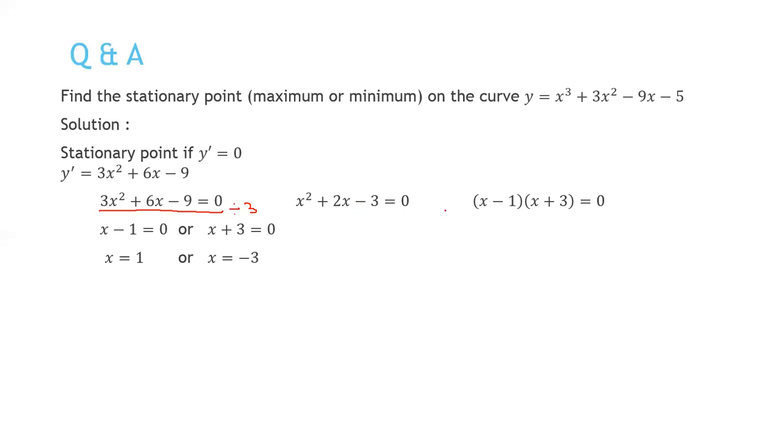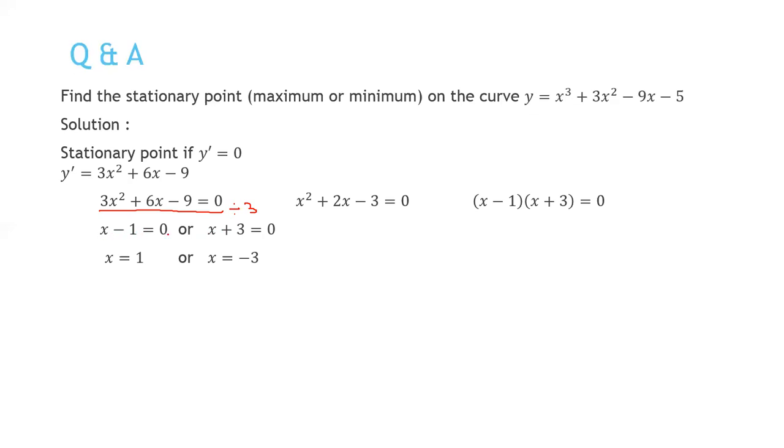Through the factorization method, we can factorize this equation into (x minus 1)(x plus 3) equals 0. We found two possibilities for x: x minus 1 equals 0 or x plus 3 equals 0.